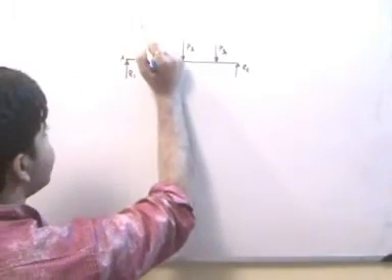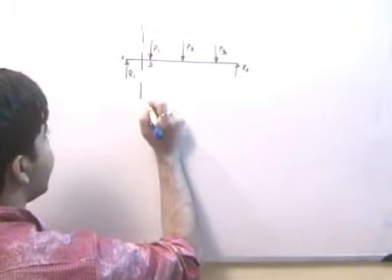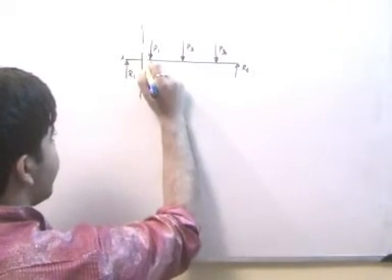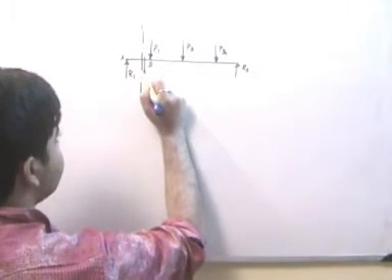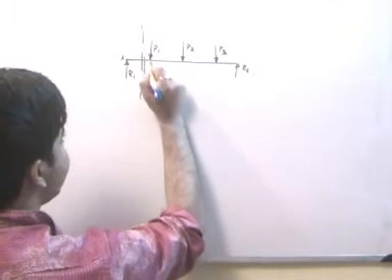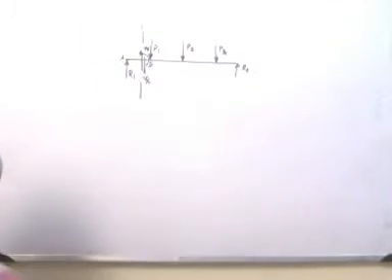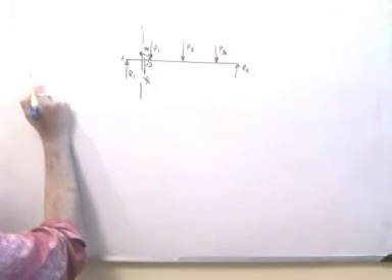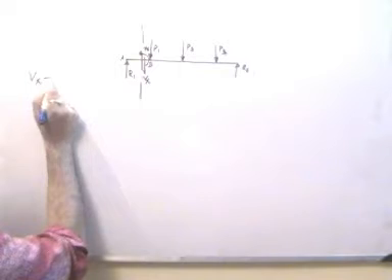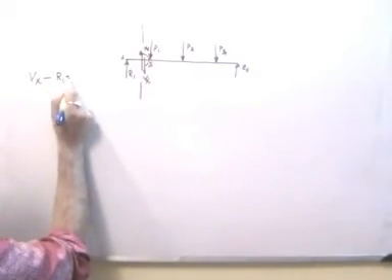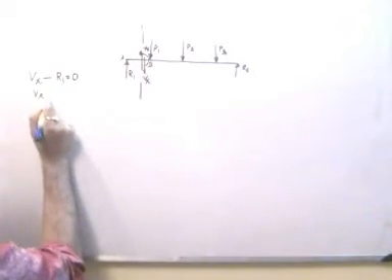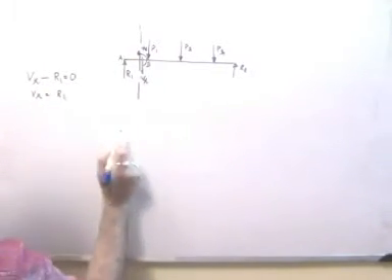As such, I can take any section between A and B and mark the internal forces as Vx and Mx. What is Vx? Vx is the value of the shear force, and Vx minus R1 will be equal to 0, or Vx will be equal to R1.